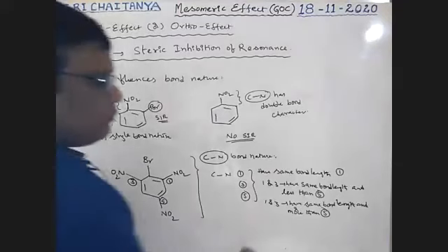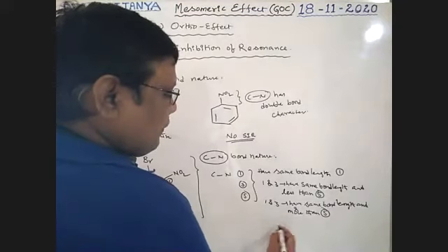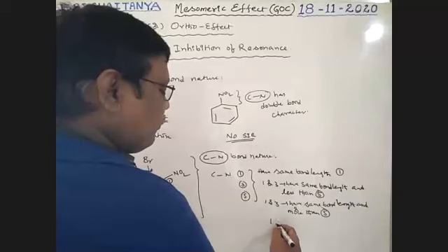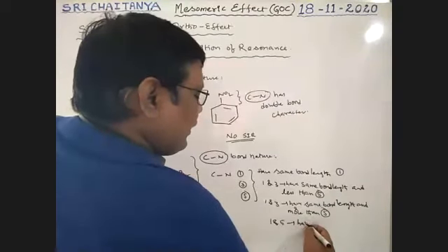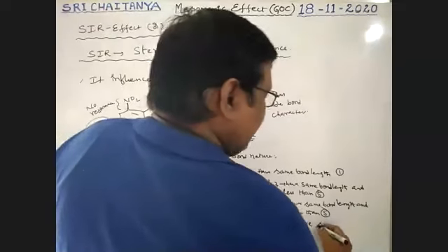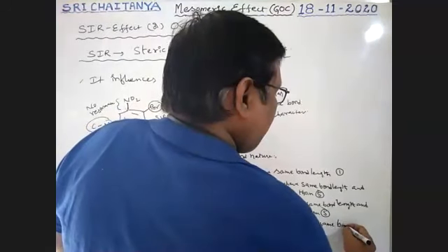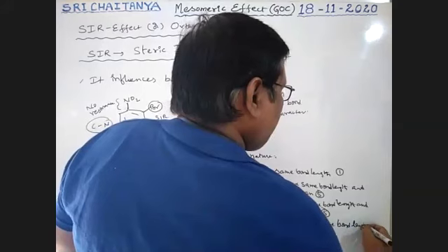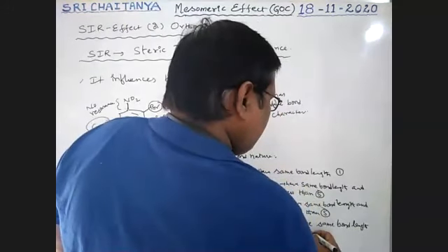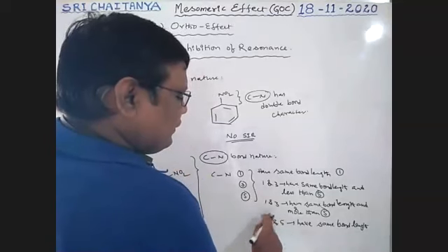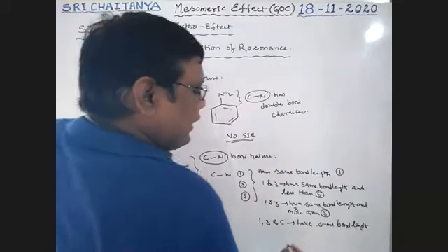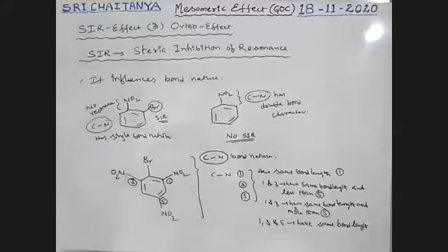Next: 1 and 5 have the same bond length. And see here, 1, 3 and 5 have the same bond length. Tell me which one is correct?